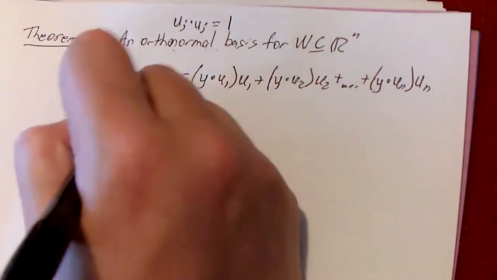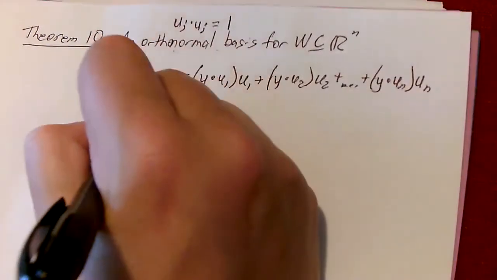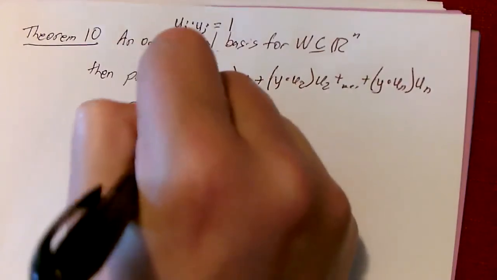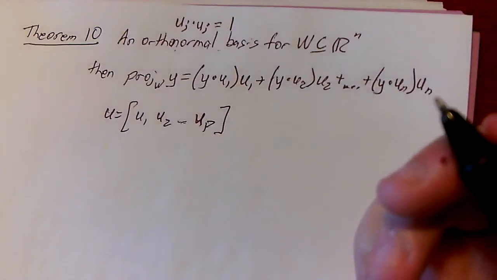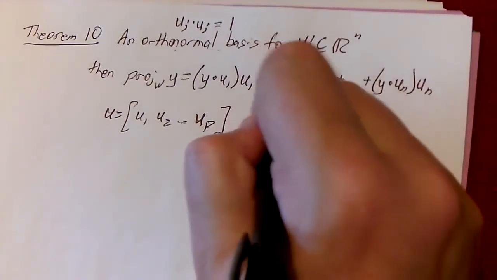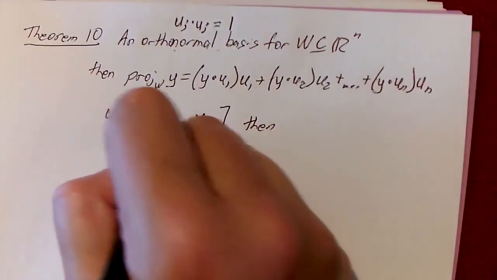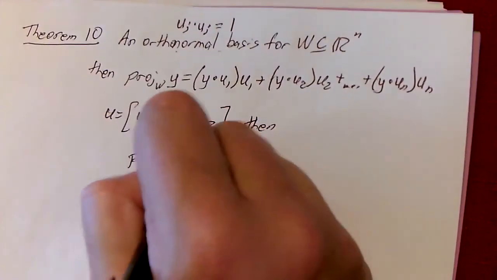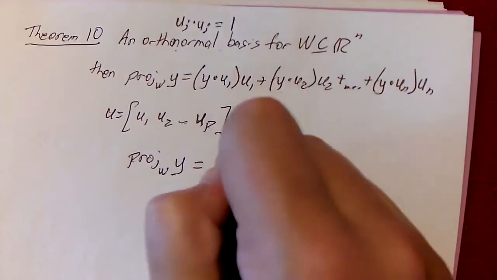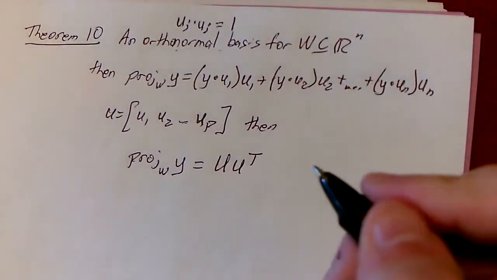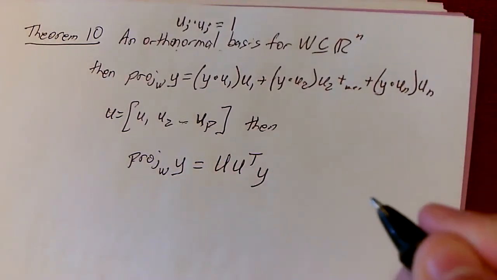So if I have a matrix U, and the matrix U has all of the vectors that are in this basis, U1 through UP, then the projection of y onto W is actually just equal to U times its transpose times the vector y.